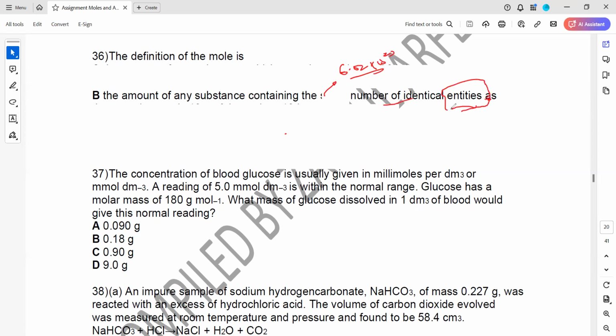It can be atoms, molecules, or ions, which is why the term entity is used here.